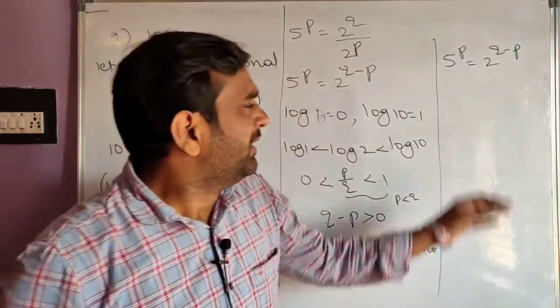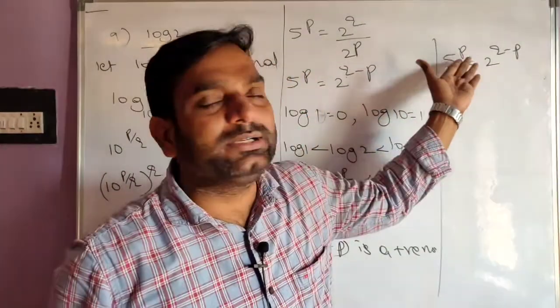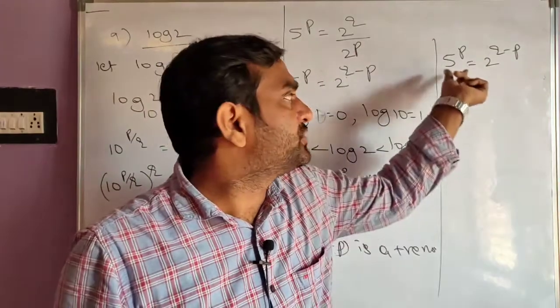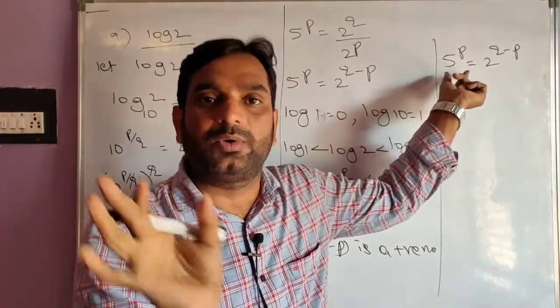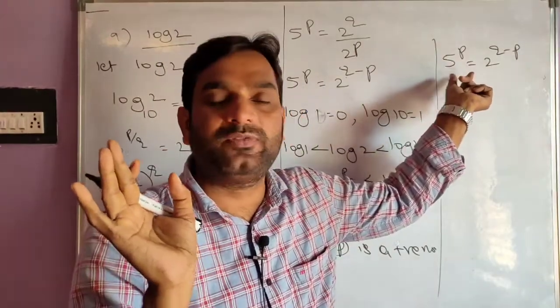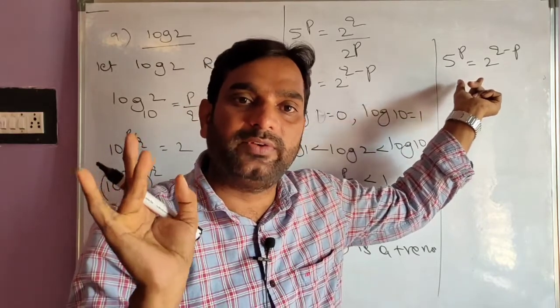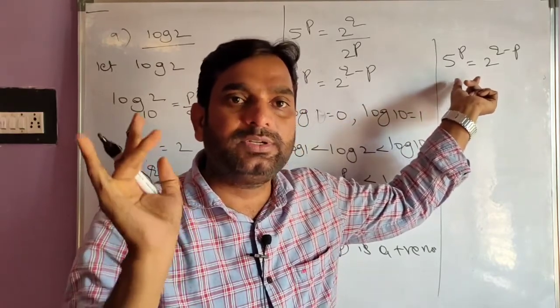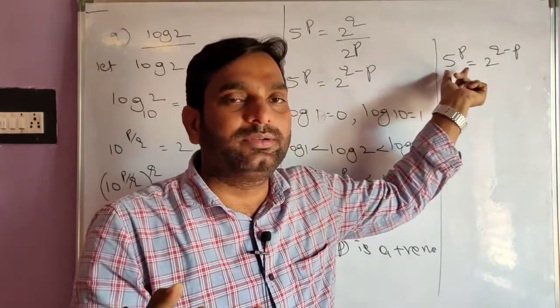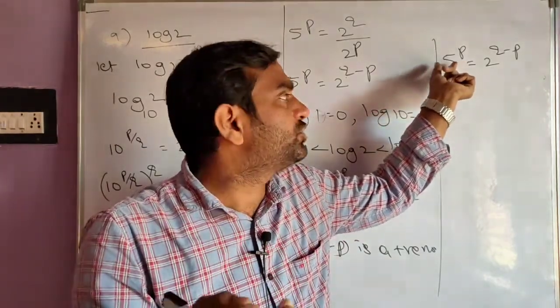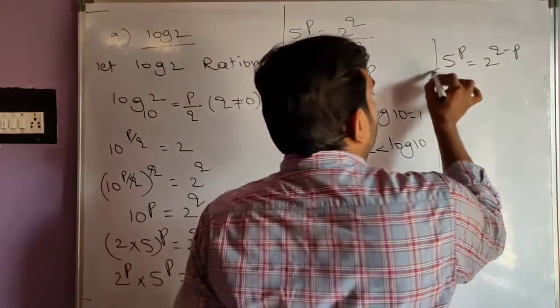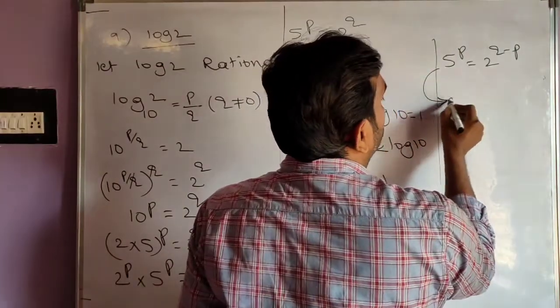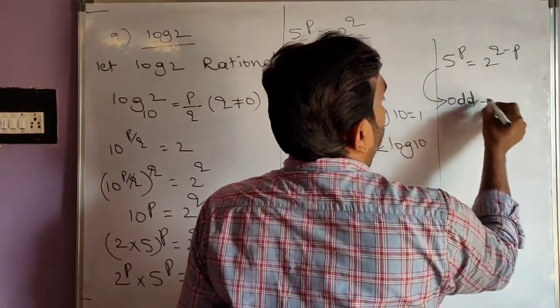Raise 5 to any power, and it should be an odd number only. Why? Because 5 power 1 is 5, 5 square is 25, 5 cube is 125, 5 power 4 is 625. If you raise 5 to any power, it is an odd number.